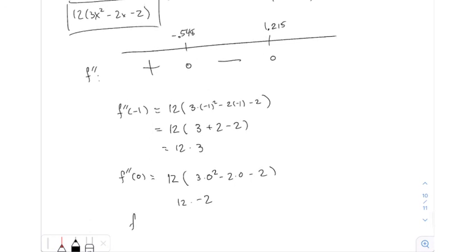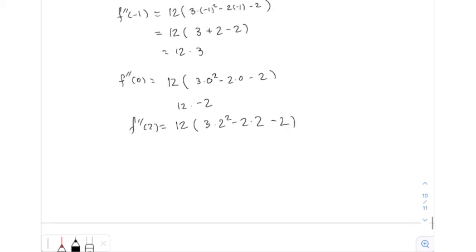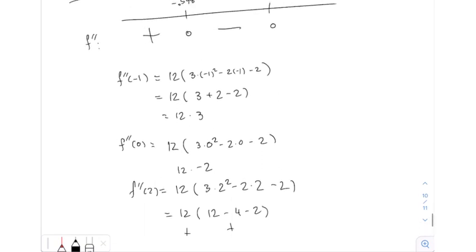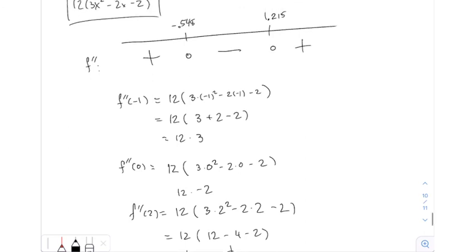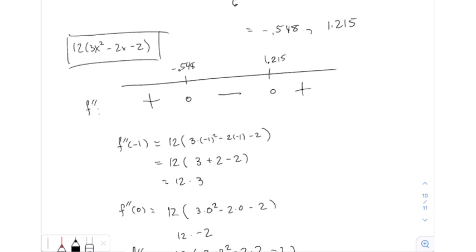So f double prime of 2 is, in the box, 12 times 3 times 2 squared minus 2 times 2 minus 2. This is 12 times, 3 times 2 squared is 12 again, minus 4 minus 2. That's positive times a positive, so this is positive also. Signs alternate, which is not a surprise because this was a polynomial with no repeated roots.